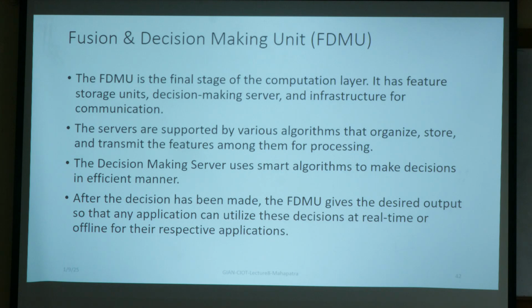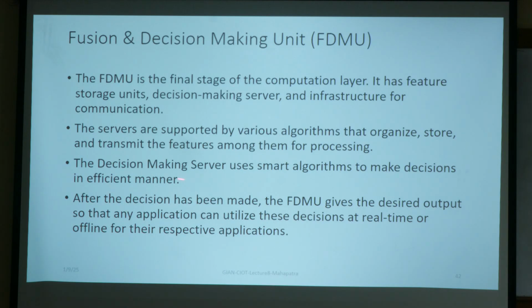In the fusion and decision making unit, which is the final stage of the computation layer, it has a feature storage unit, decision making servers, and infrastructure for communication. The servers are supported by various algorithms to organize, store, and transmit. That's exactly what you need to do, but it's saying you do this based on certain algorithms. So research here is an algorithm that you design; if it performs better, then that is good research.